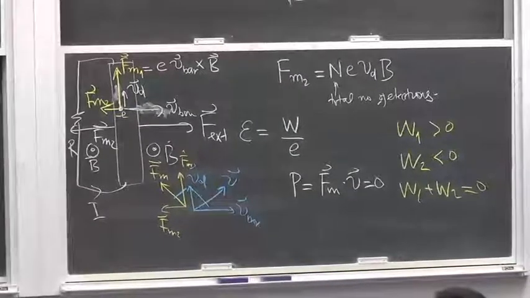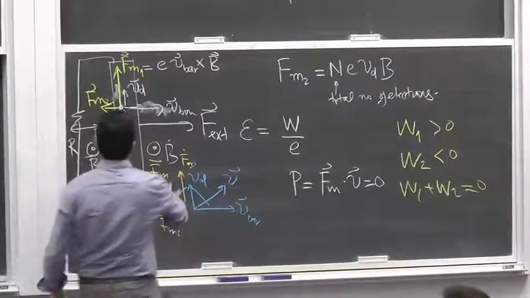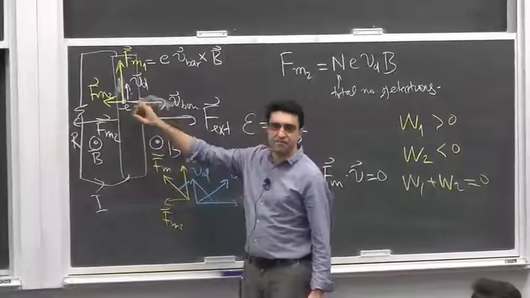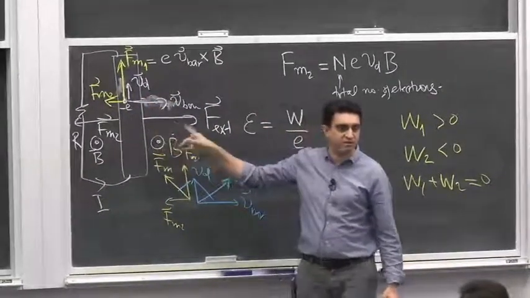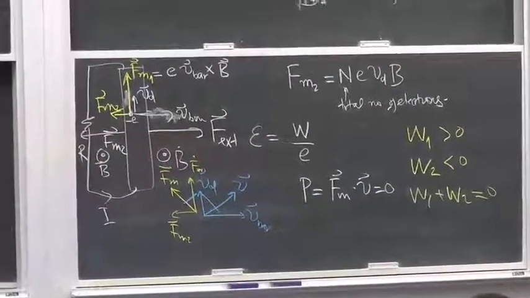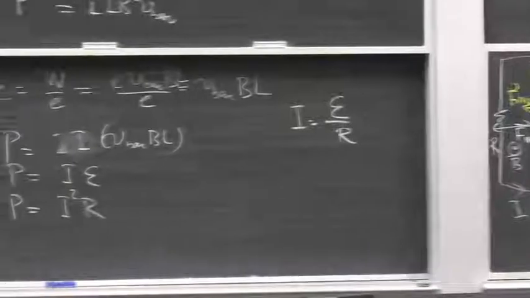So the answer to this is, you have an EMF which is produced, but that EMF is produced by the external force and not by the magnetic field, and this EMF is called the motional EMF.